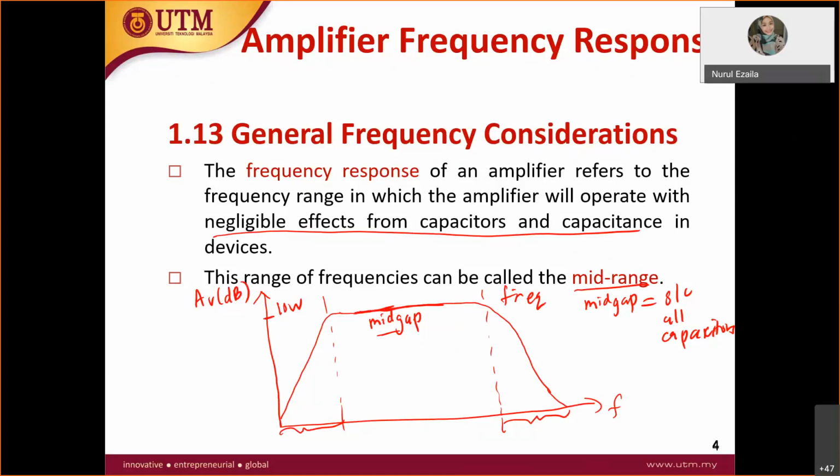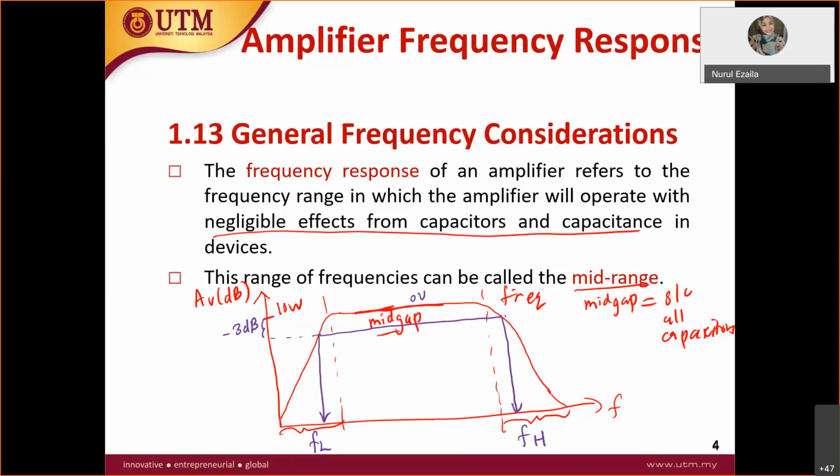If this is 0, it must be down by minus 3 dB. So for example, in this case, this is the cut-off frequency, where you get your cut-off at low frequency and cut-off at high frequency.